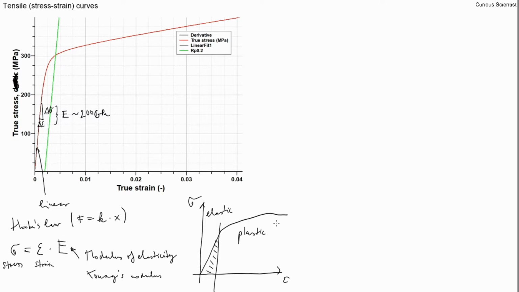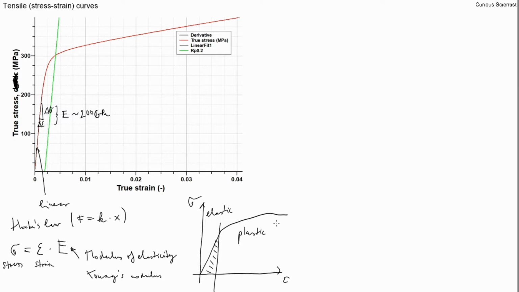So for example, if you have a fork and you bend it just a little bit, then you just deform it elastically. When you stop exerting force on it, it will go back to its original shape. But if you bend it too much and make it into a U-shaped metal, then that's a plastic deformation, and it cannot be reversed. The material will not return to its original shape. So that's a permanent deformation.